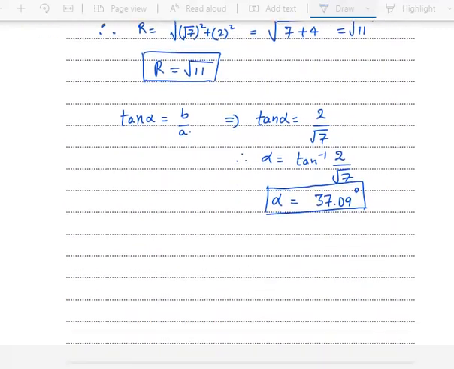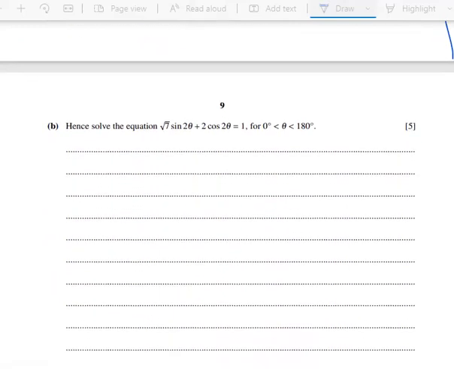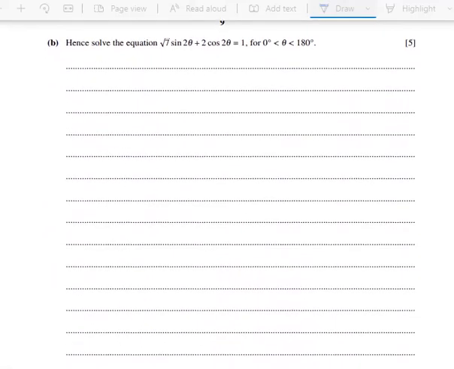Okay students, moving on to the next one, part B. It says hence solve the equation root 7 sine 2 theta plus 2 cos 2 theta equals 1. So it is given to us that this thing is equal to 1.